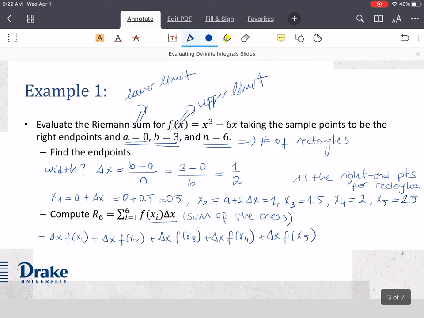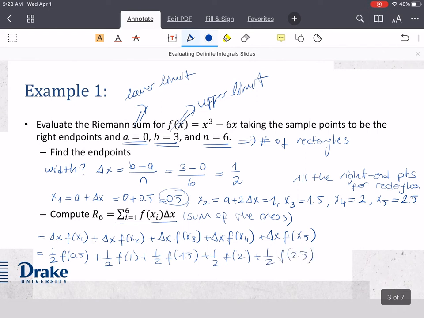And so we know that delta x is 1/2. So 1/2 times f of x1. We're going to calculate f of 0.5 because x1 is 0.5. We previously found that right here. Plus 1/2 times f of x2, which is f of 1, plus 1/2 f of 1.5, plus 1/2 f of 2, plus 1/2 f of 2.5.